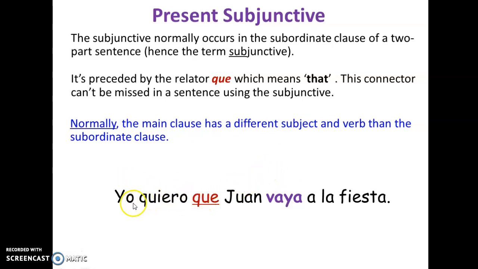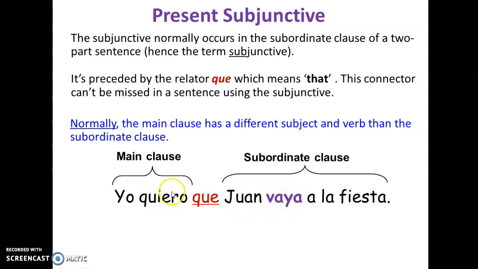So yo quiero, that's me, the first subject, but then the other subject is Juan. So, yo quiero que Juan vaya a la fiesta. Two subjects, me and Juan, and two verbs, querer, to want, and ir, to go. This one needs to be in the subjunctive, vaya. Verb 1 and verb 2.